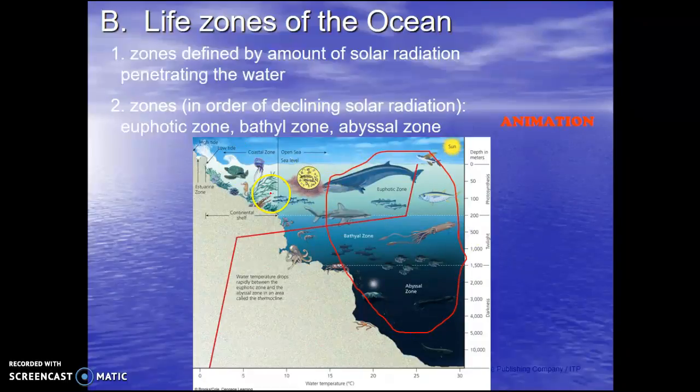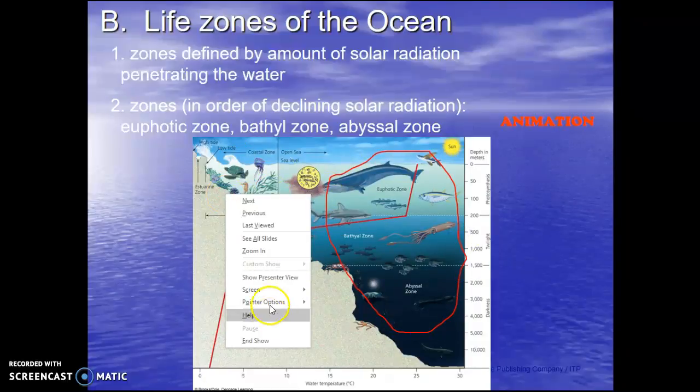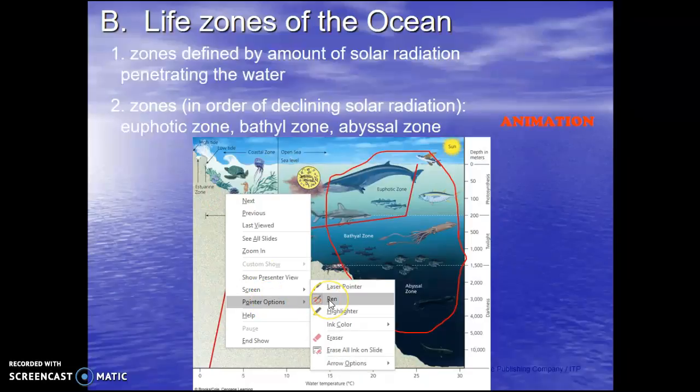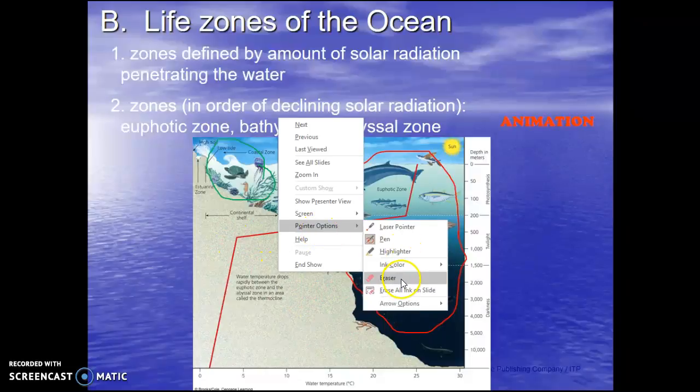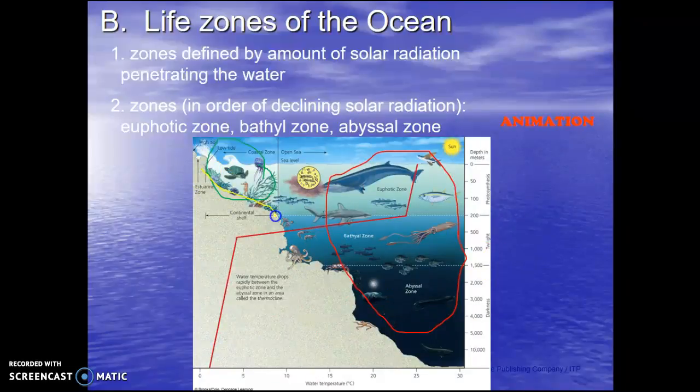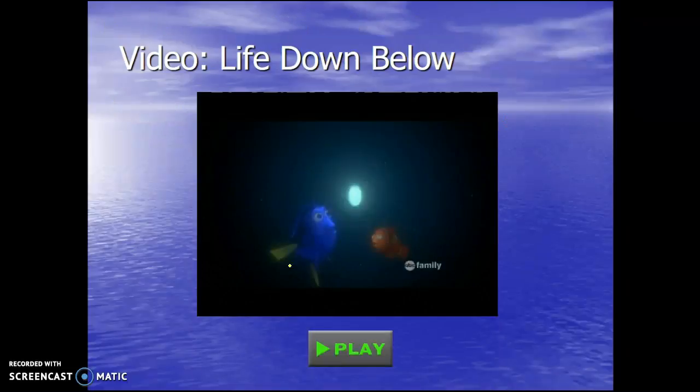And then over here, if I change the color of my pen for just a minute to green, this is going to be the neritic or coastal zone. And then everything on the bottom, over here in yellow, this is considered your benthos. So that's basically what we're looking at.